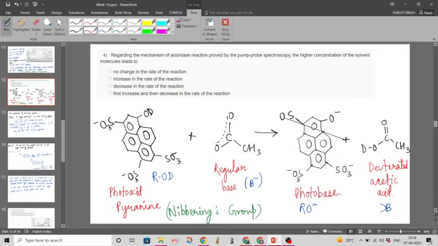So the answer will be decrease in the rate of the proton transfer, because the proton is getting attached to the solvent molecule and it takes longer for them to find an acetate ion and form the acetic acid. So the whole proton transfer process gets delayed because of those solvent molecules. Thus, increasing the concentration of solvent molecules decreases the rate of the reaction.